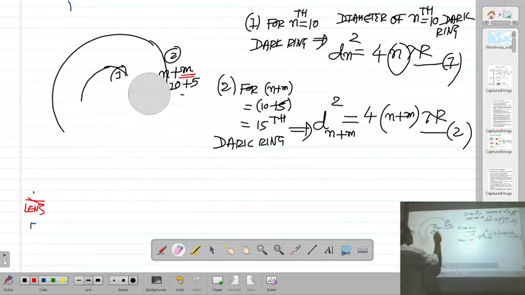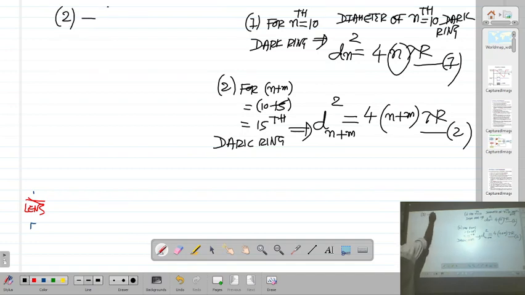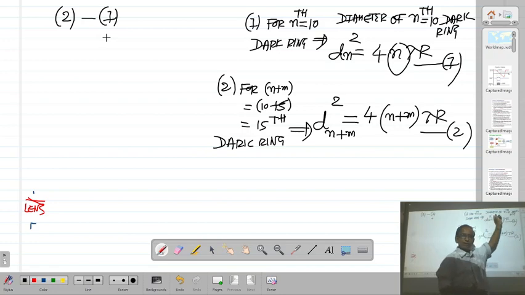If you take the difference of these two, equation 2 minus equation 1, the diameter of the nth order dark ring, dn square, is 4n lambda, and the diameter of the n plus mth order, 15th order dark ring, dn plus m square, is 4 into n plus m lambda.